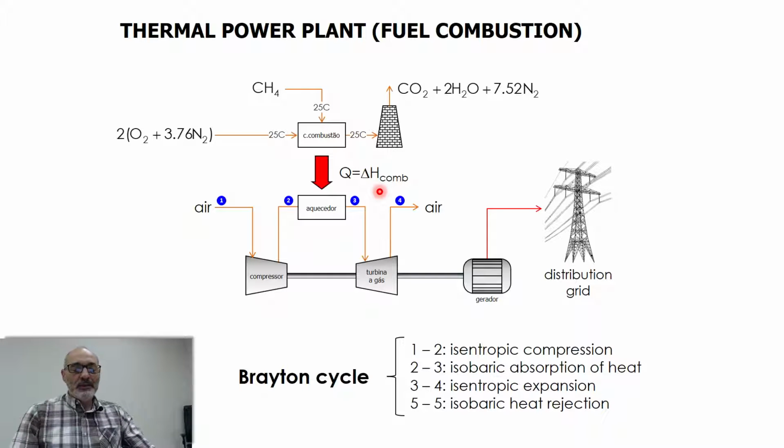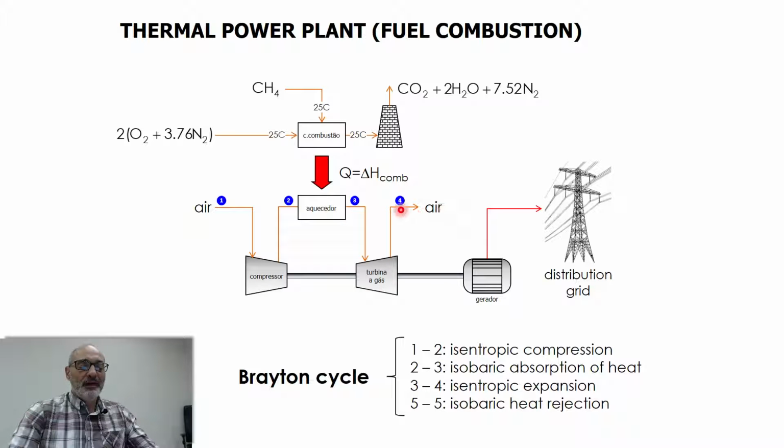So first let us introduce some kind of nomenclature. Point 1 is air at ambient temperature and pressure. 2 is air at the exit of the compressor. 3 is air at the exit of the heater.